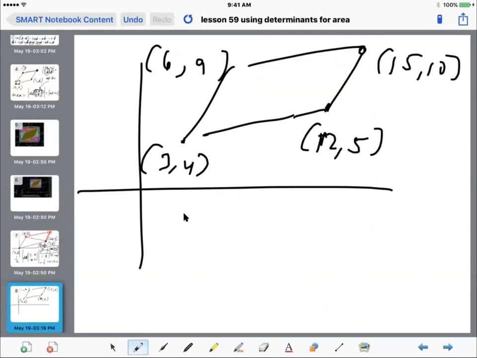Okay, so we've got a bunch of other stuff going on here. And I see from Talia, the easiest way to do this question is to translate and then use the 2x2 determinant. Okay, so take a minute on that.